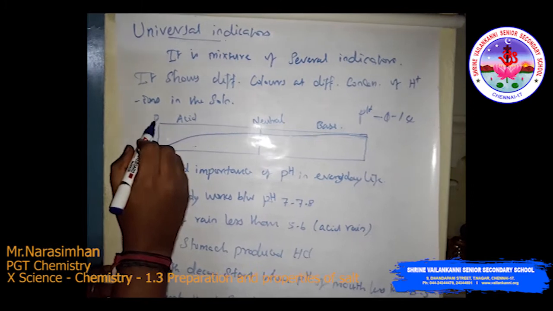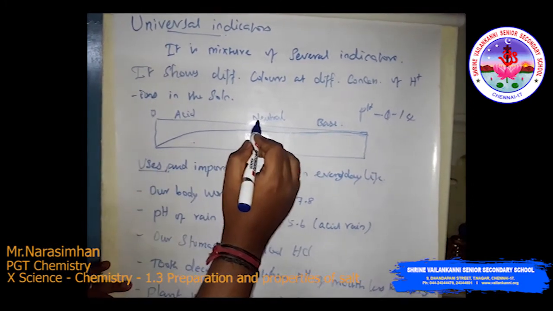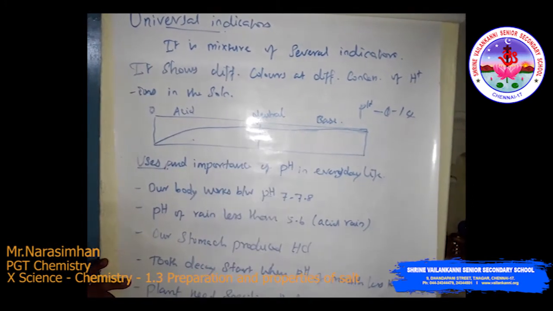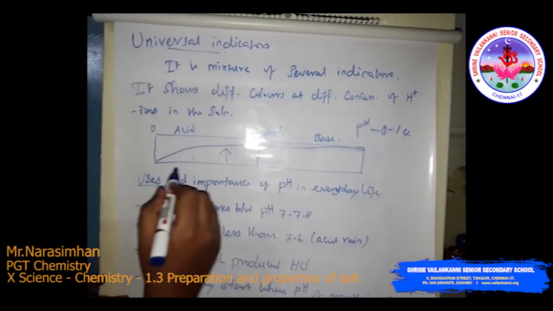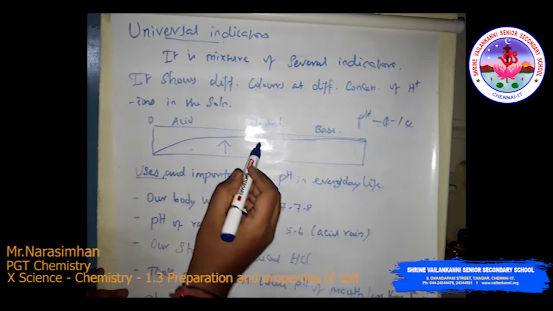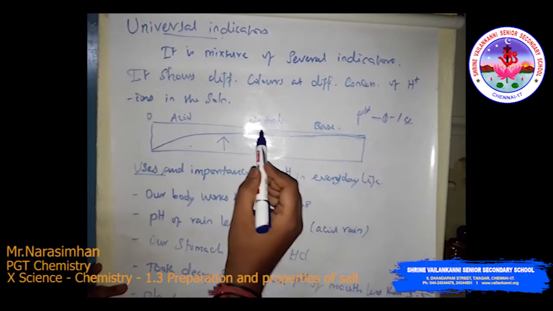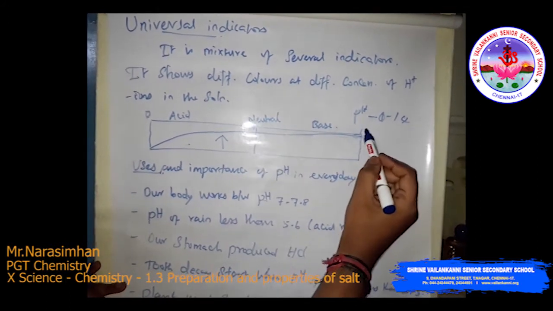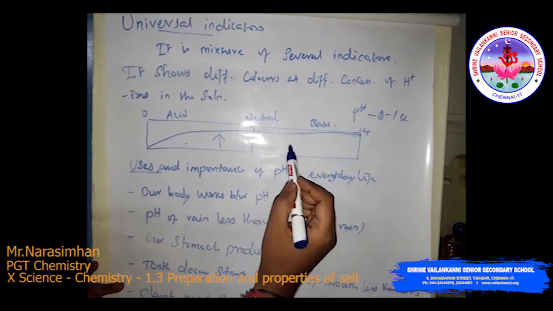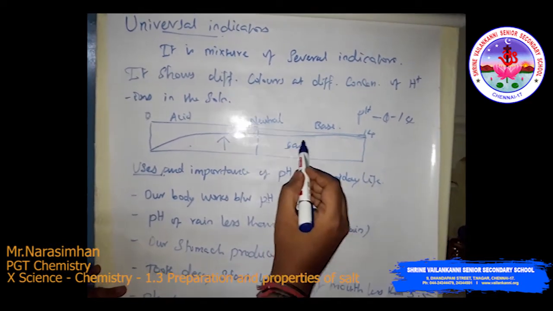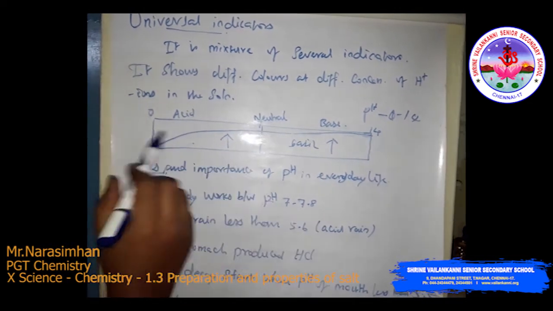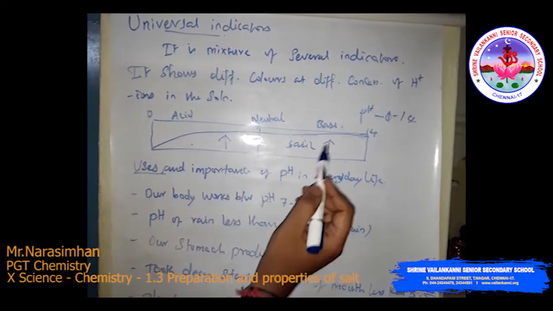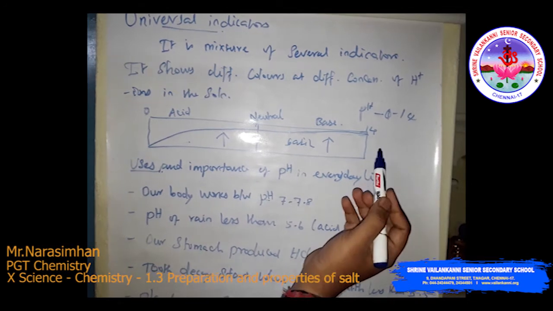From 0 up to 7, the acidic nature increases. After 7 to 14, the basic nature increases.